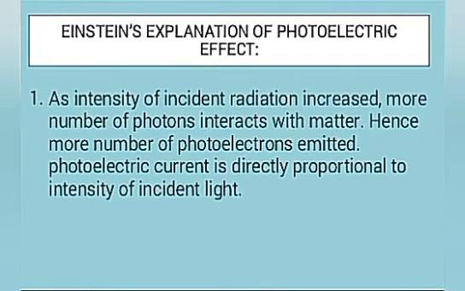So the number of photoelectrons emitted also increases. The number of photoelectrons flowing per unit time is the photocurrent. Hence photocurrent also increases. So finally, on increasing the intensity, photocurrent increases.